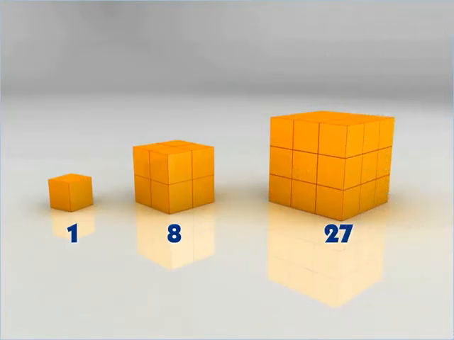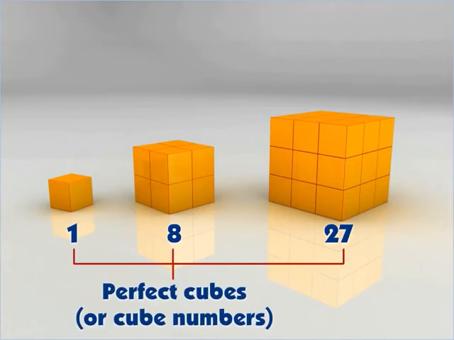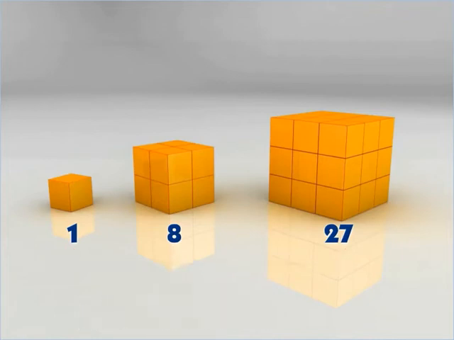The numbers 1, 8 and 27 are perfect cubes or cube numbers. They are called so because they equal the cube of a number.